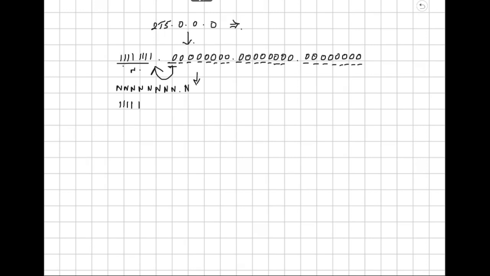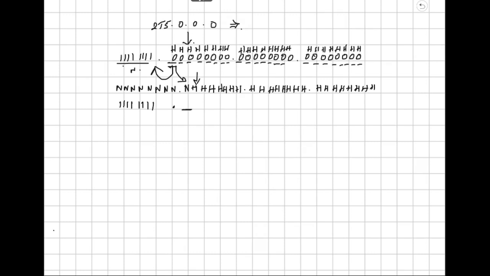This is the network bit. Since previously it was a host bit, now it became a network bit. These are host bits, and the remaining are all host bits. So this place can now be used as the network portion and the remaining are all host portions.